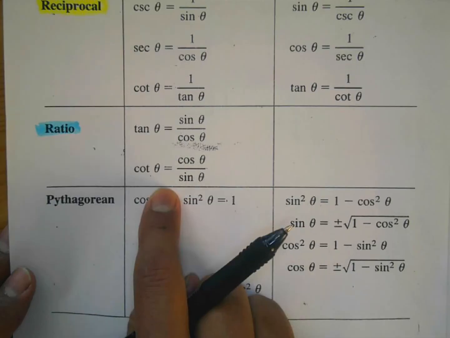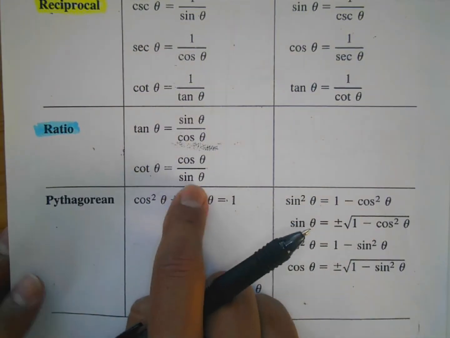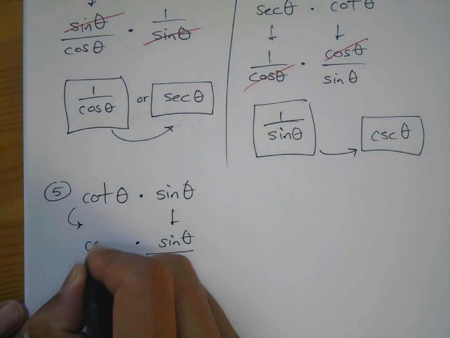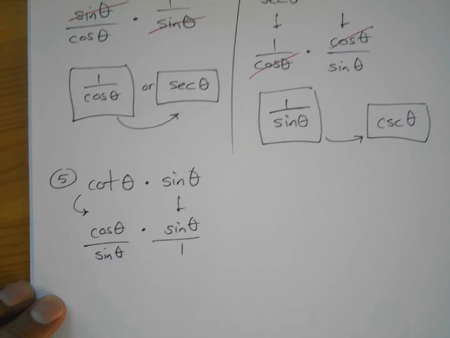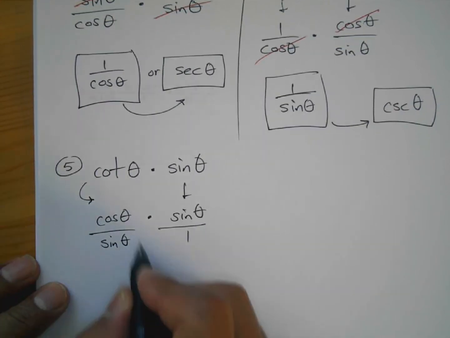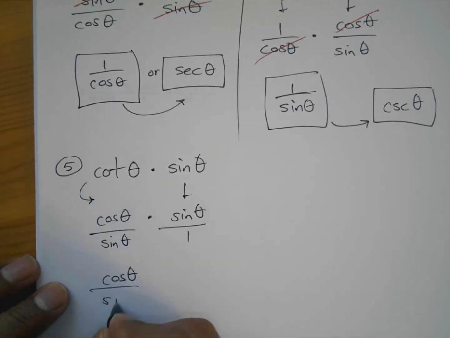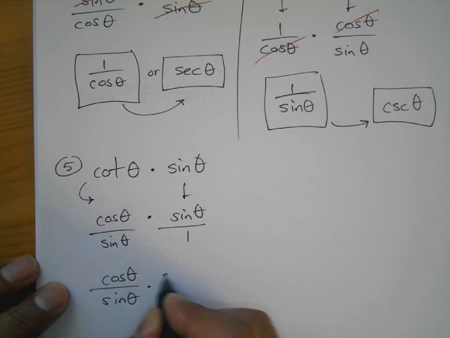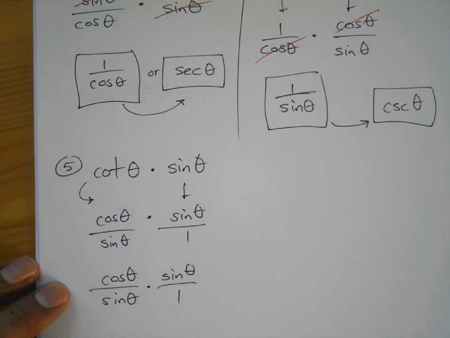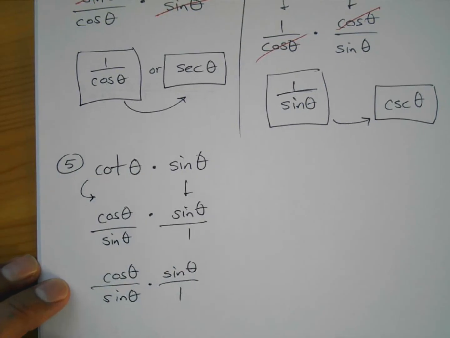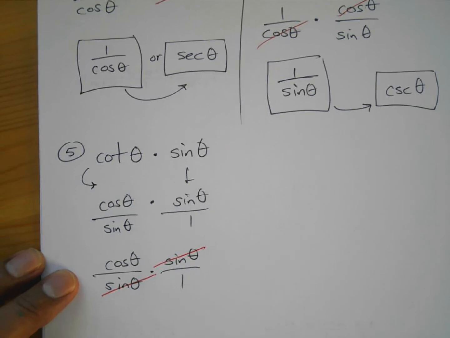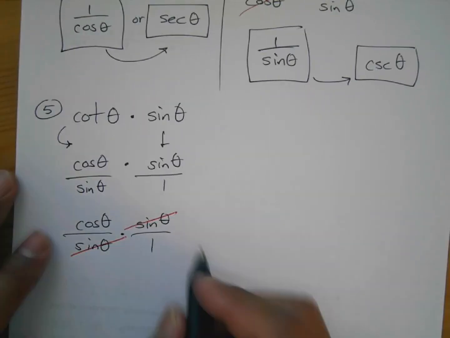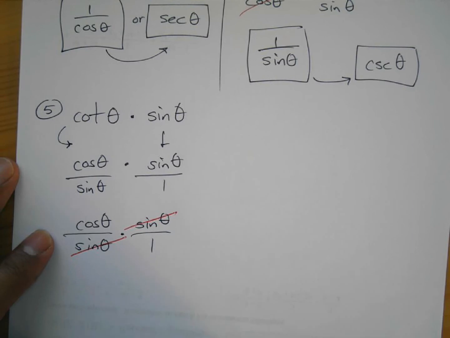Cotangent is cosine over sine. And here you go. You got cosine over sine times sine over 1. Anything in the top match with something in the bottom? Yeah, the sines cancel out. Here you're just going to get cosine over 1, which is just cosine.